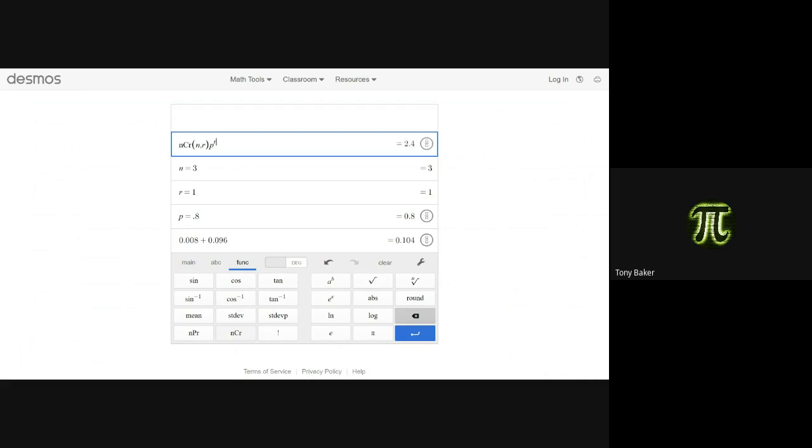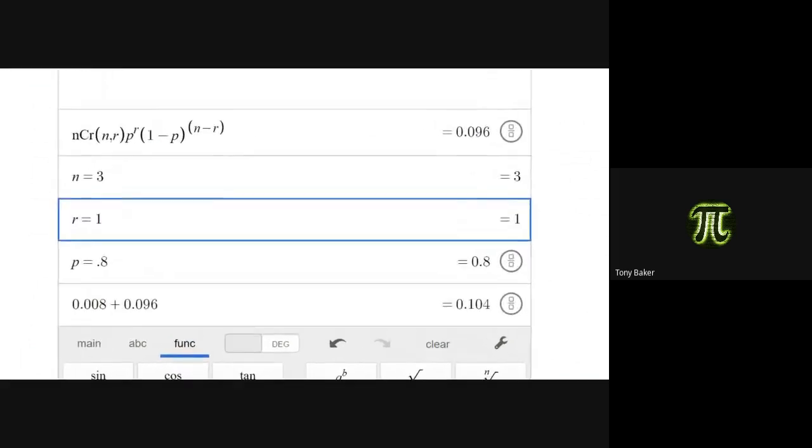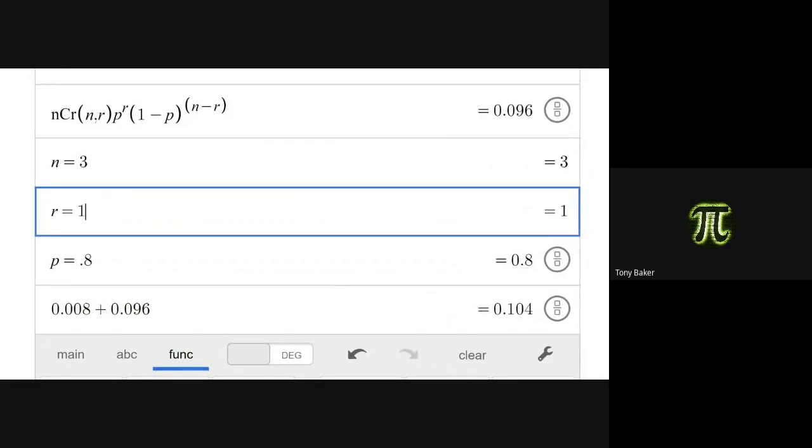And then I put R. And then I do 1 minus P to the N minus, oh, I have to go parentheses, N minus R. And then you just type in N equals, R equals, and P equals. And you just change the number you want. Actually, it works for any formula. If you were doing volume or area or currency calculations or anything, any formula you have for any class, you could type the formula in there and just change the numbers and it'll always work.